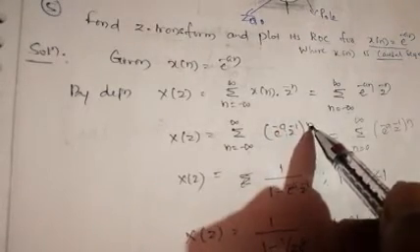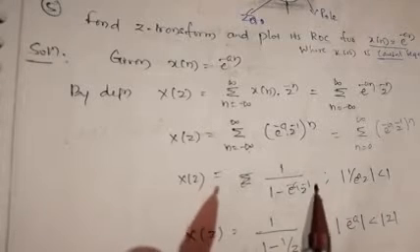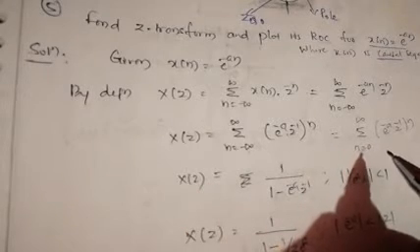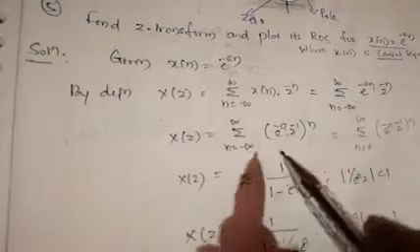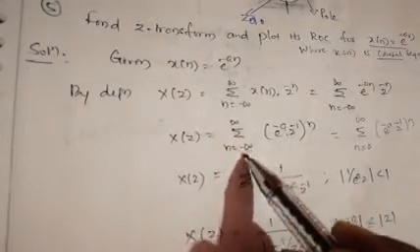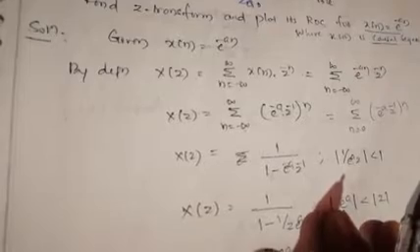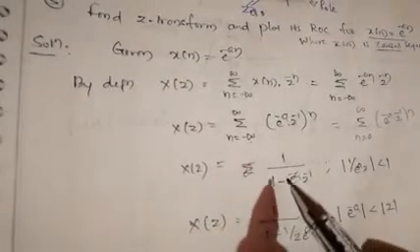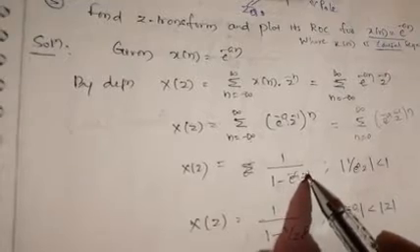Power term n is common, hence let us make use of that mathematical formula. As I told, x of n is a causal sequence. Because of that reason, the limits change from minus infinity to infinity to 0 to infinity. Hence x of z equal to 1 divided by 1 minus e to the power minus a into z raised to minus 1.